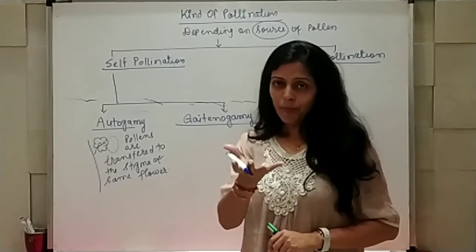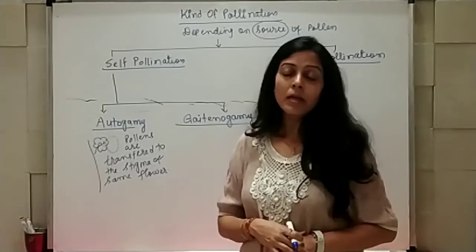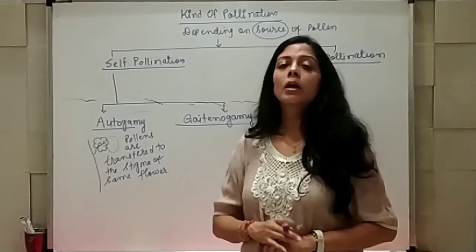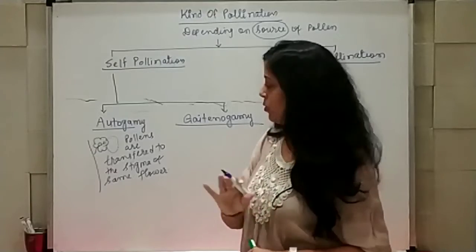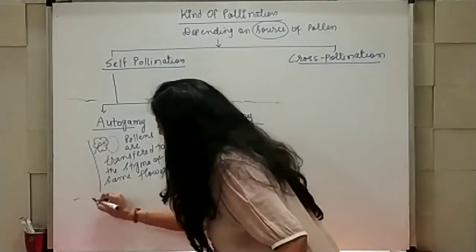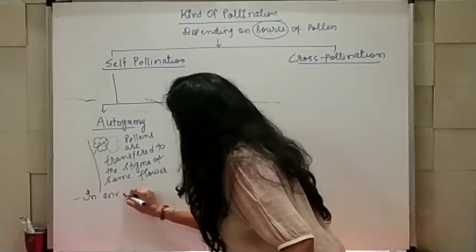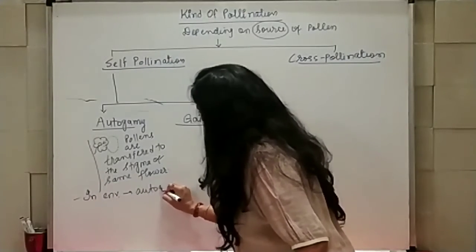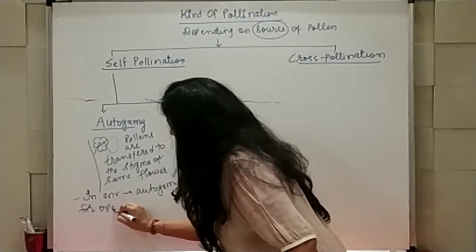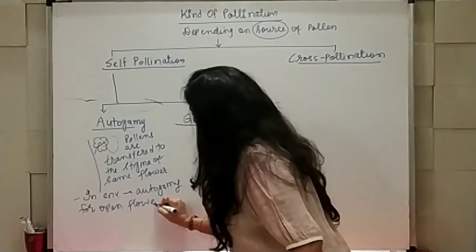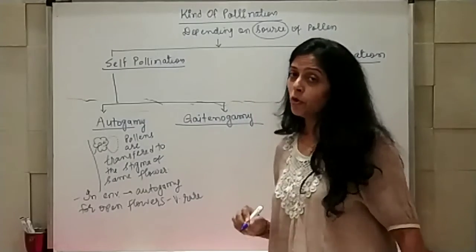If the flower opens and it exposes anther and stigma in the environment, there are chances of contamination with the other pollens also. So in environment, autogamy for open flowers is very rare. It is very rare process.